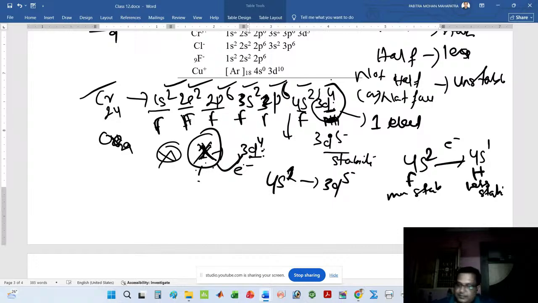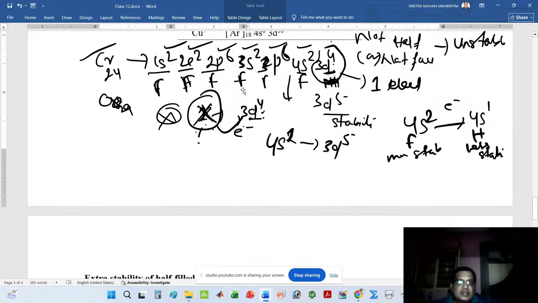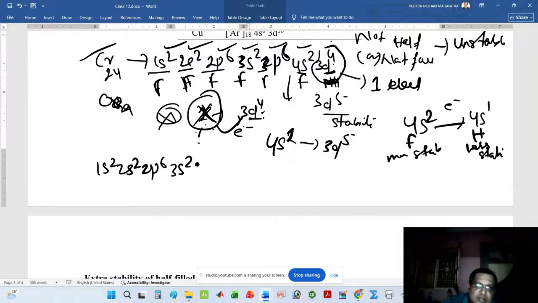Look at that. As per the rule, it is compulsory to write 1s2, 2s2, 2p6, 3s2, 3p6, 4s2, 3d4. But to maintain the stability, one electron is shifted from 4s to 3d.